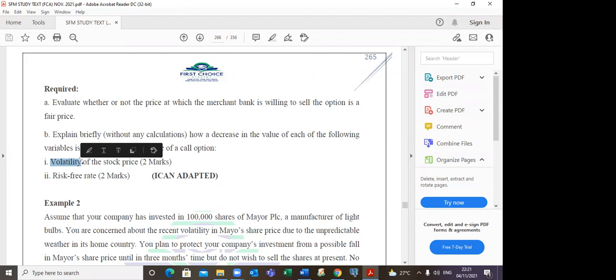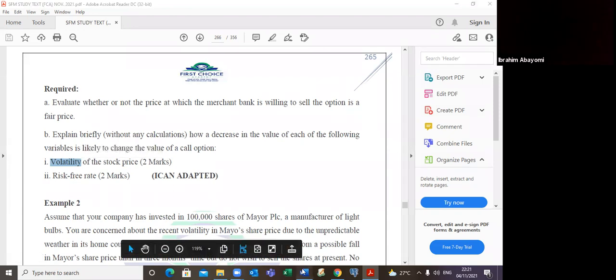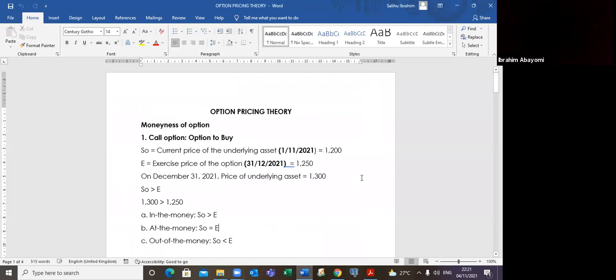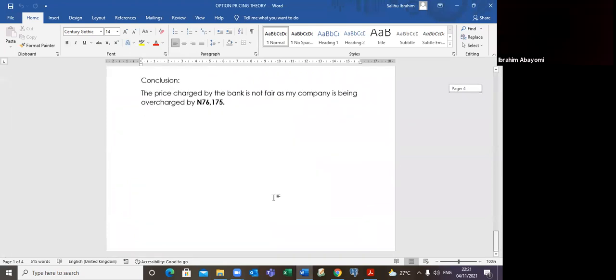Do you understand? So let us say that currently, today is November 4. The value of my underlying asset on November 4 is 45 naira.